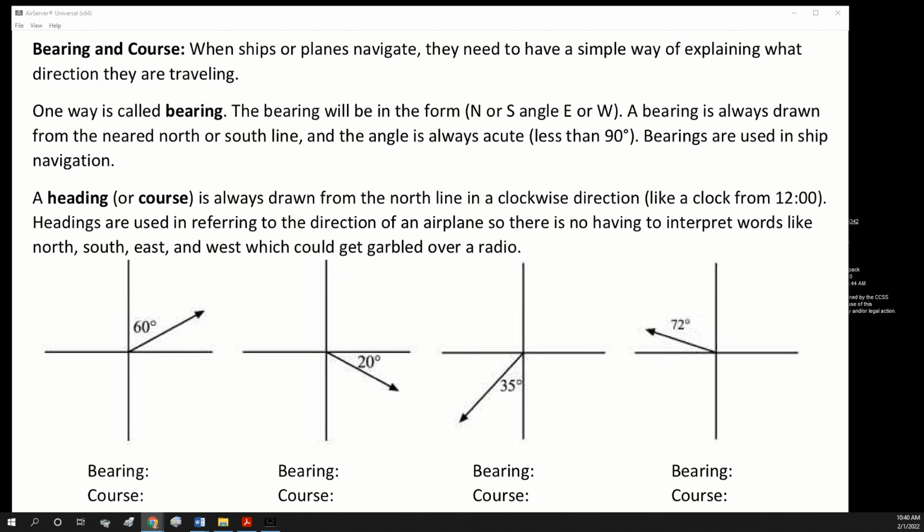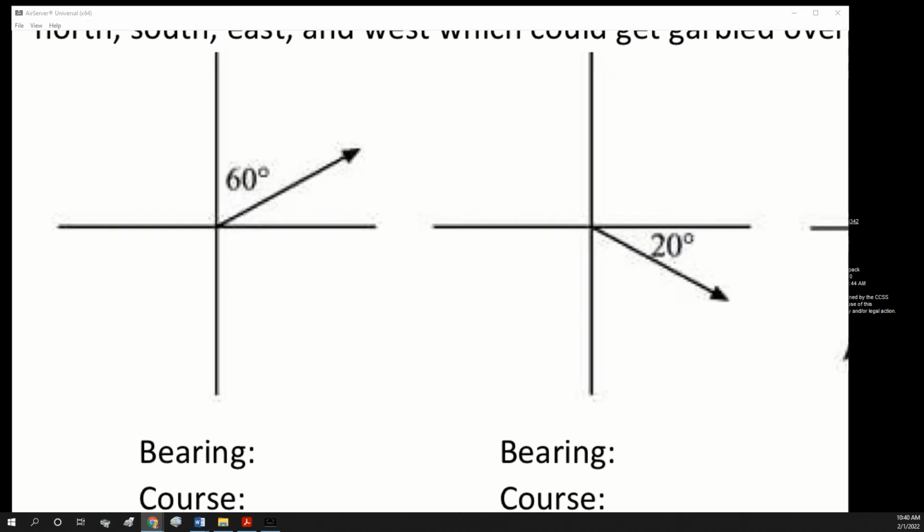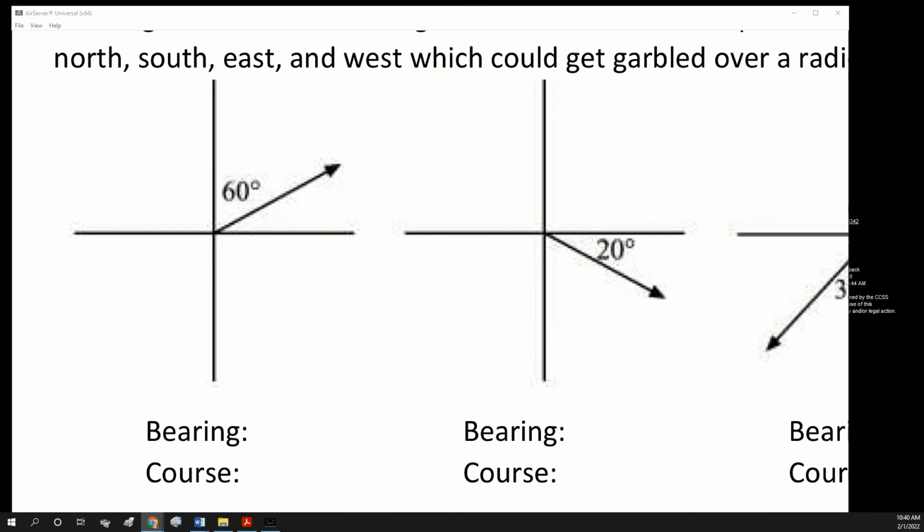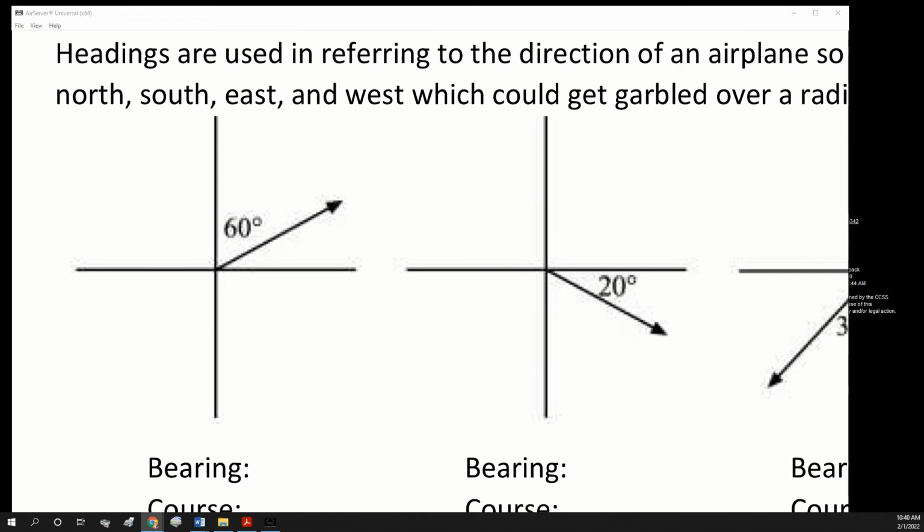Okay, so we have some angles drawn, and what we're going to do is write what the bearing would be and what the course would be. The way direction works, and you probably know this, is north, east, south, west.